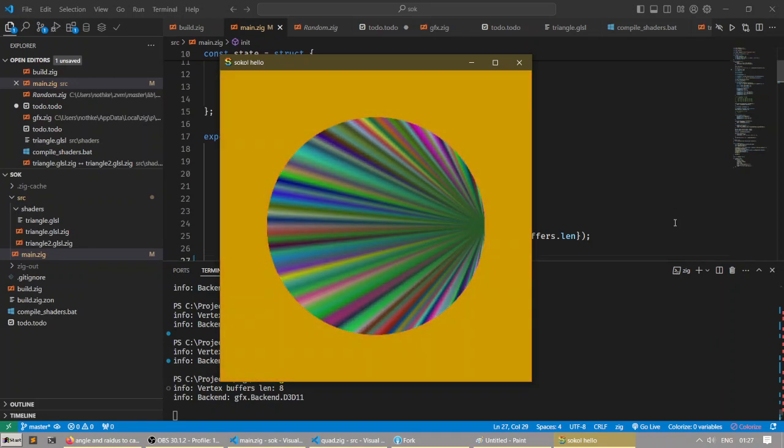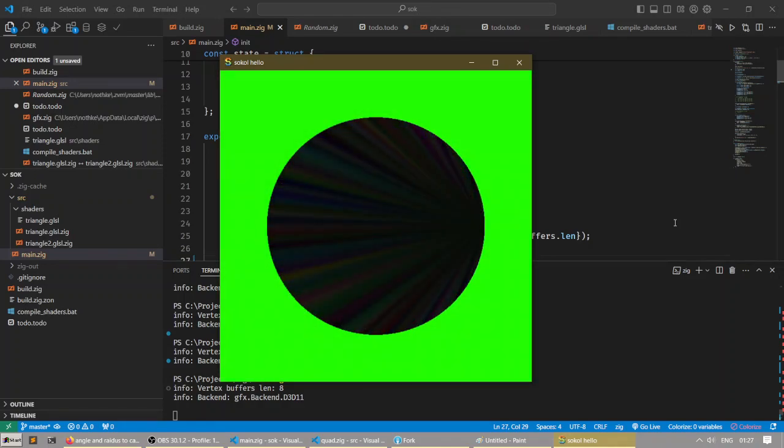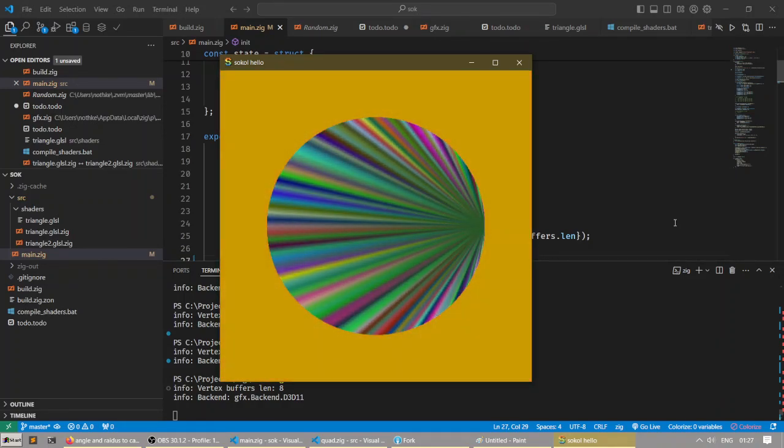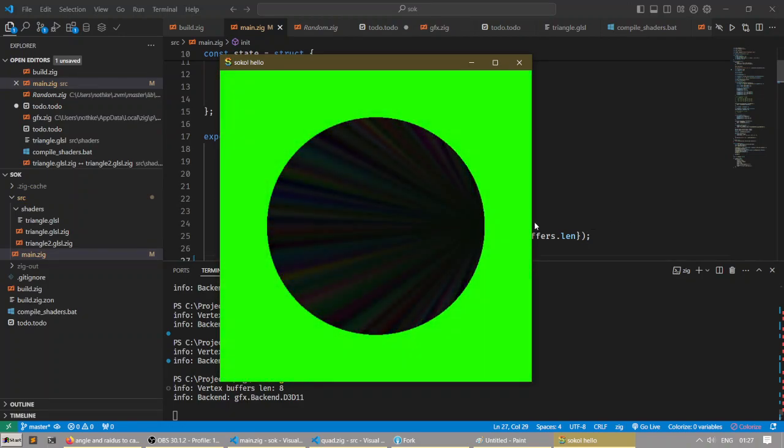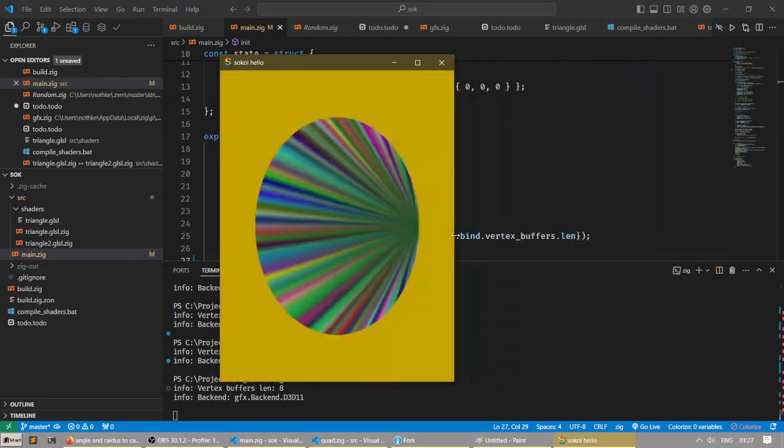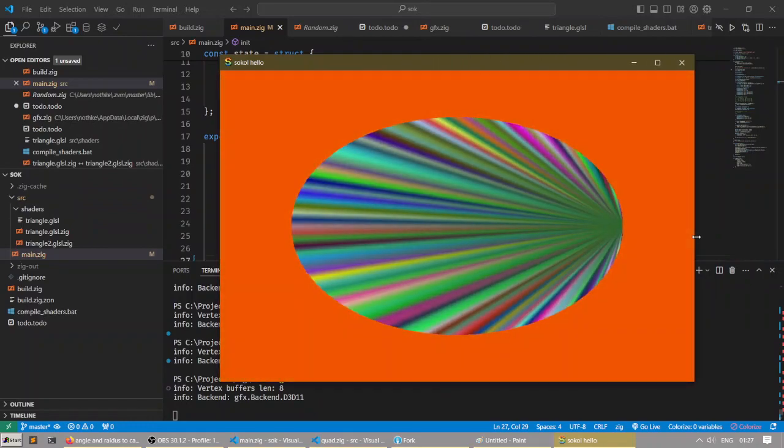What we could do... Well, how would I actually make the circle not squashed? For example, that is one thing.